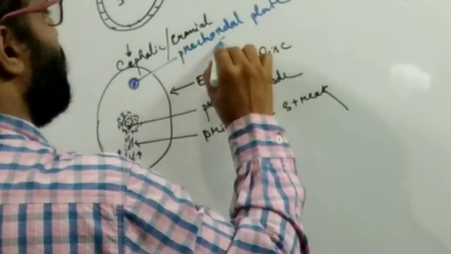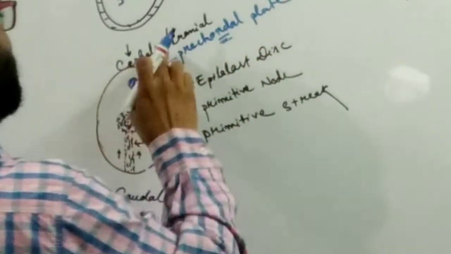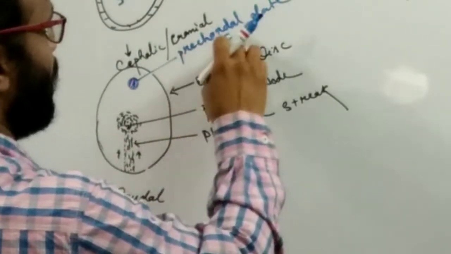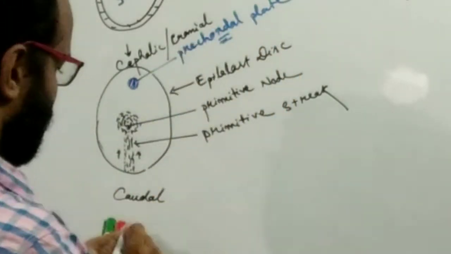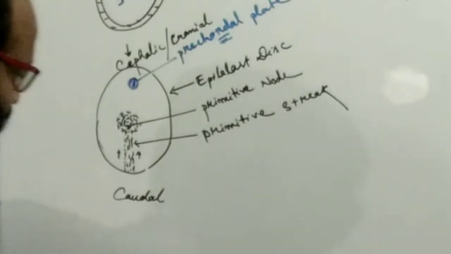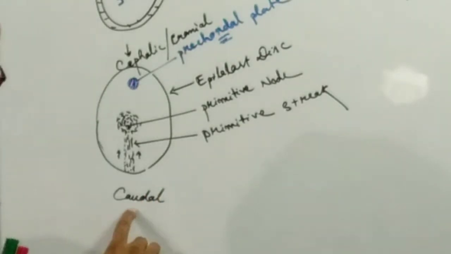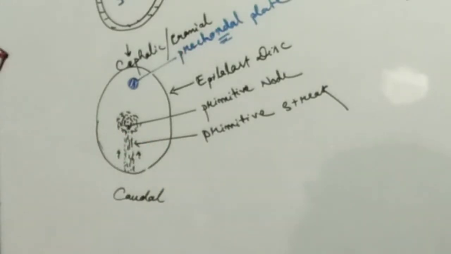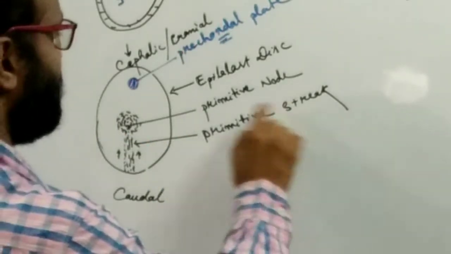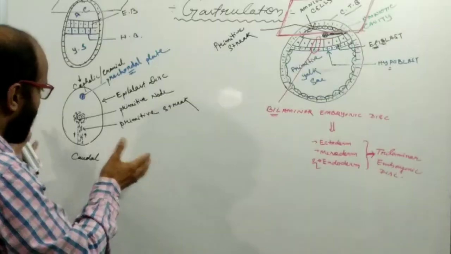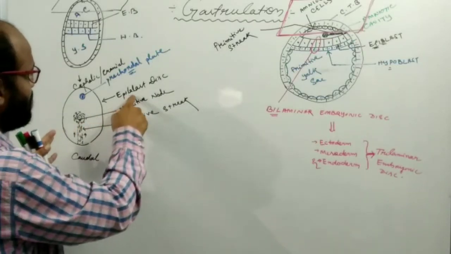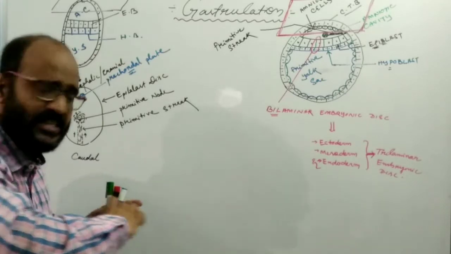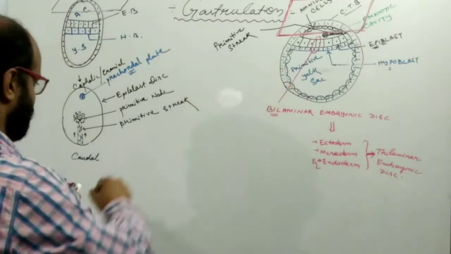This precaudal plate indicates the cephalic or cranial region. At the precaudal plate region there is the formation of the buccopharyngeal region, and at the caudal region, the anal or cloacal region. After the formation of the primitive streak and primitive node, cells accumulate on the surface of the epiblast and form a ridge-like, stick-like structure.